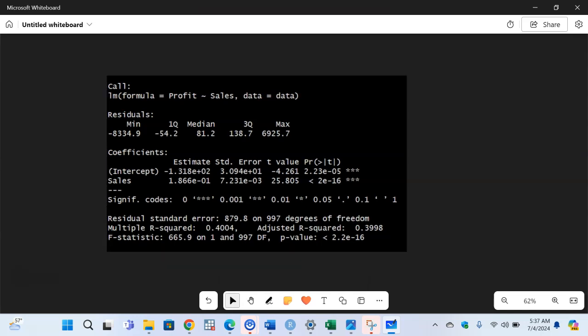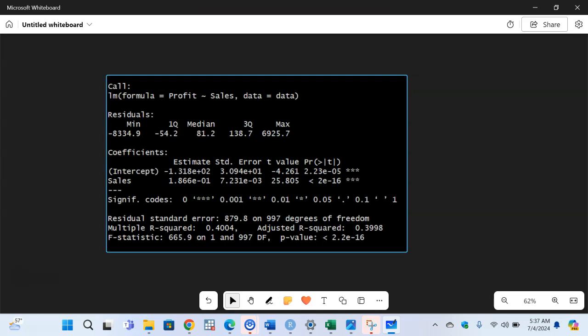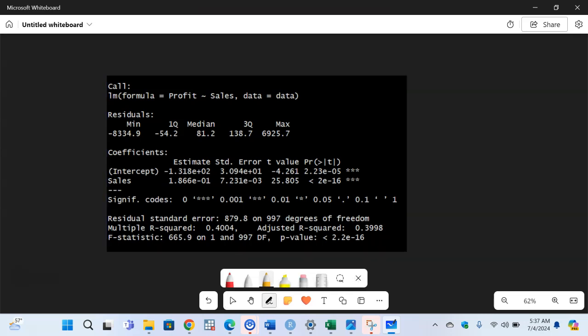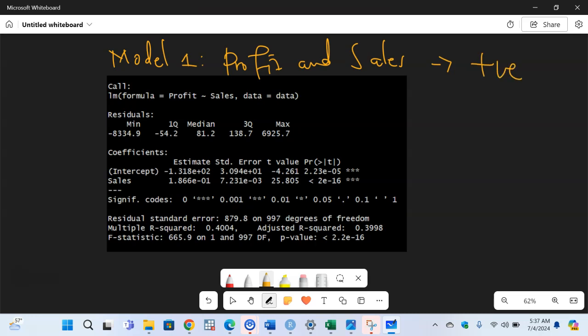This is the model between. So this is model 1. Model 1, the model between profit and sales. Yeah, we've seen the relationship when sales is alone is positive.